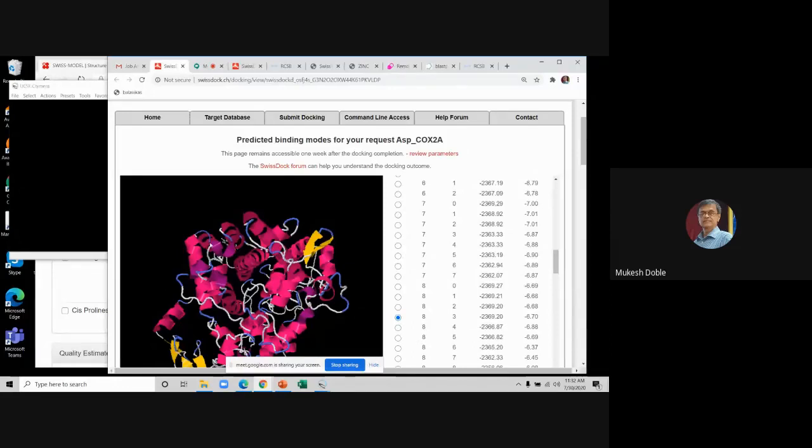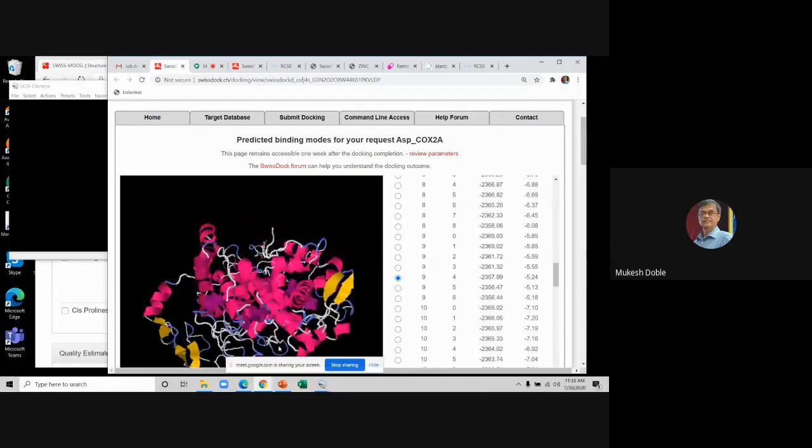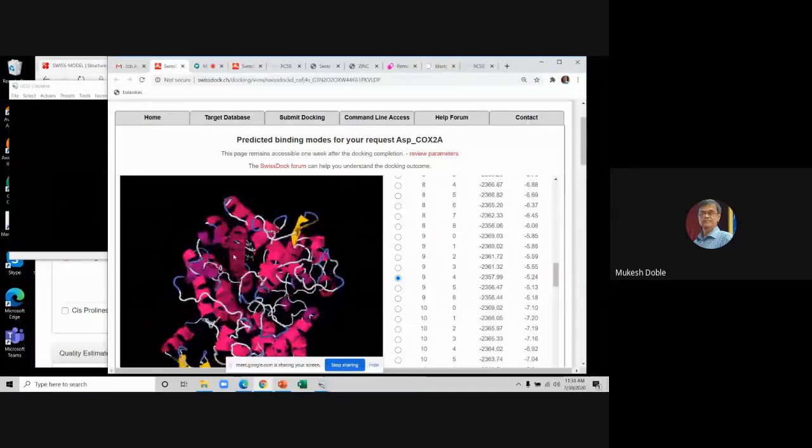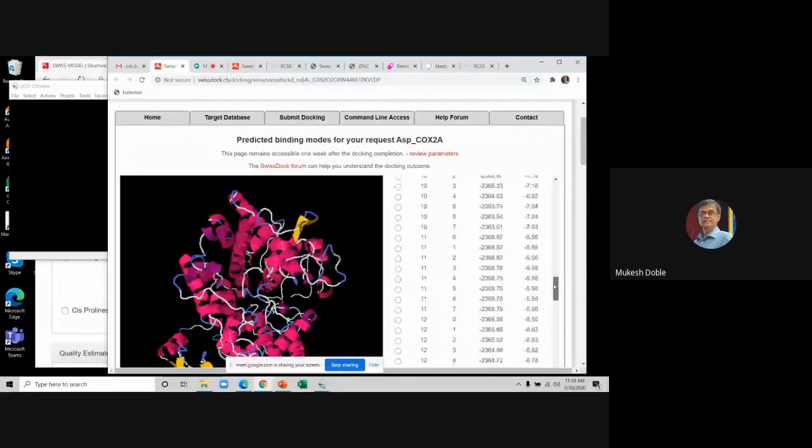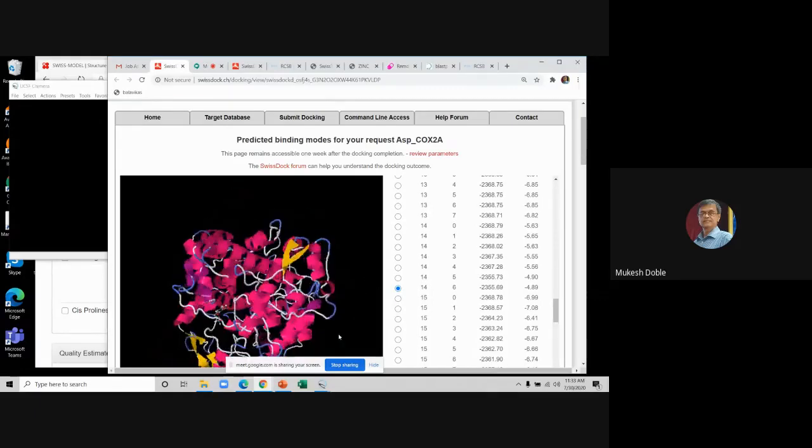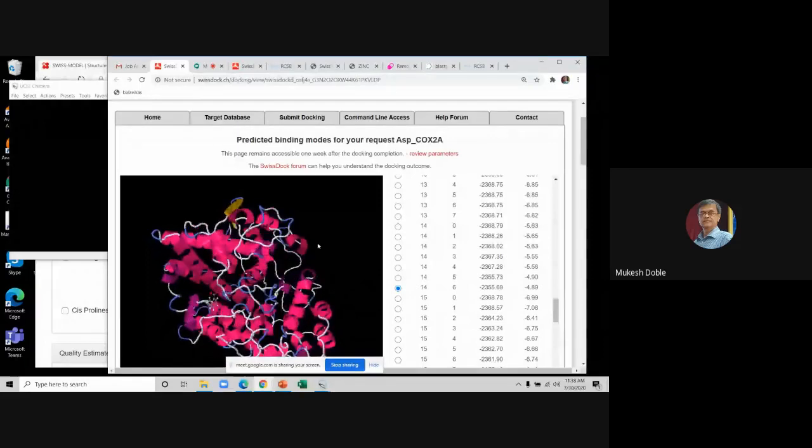As you can see, it's moved to some other place. It keeps the ligand in different positions and then calculates energy. It's moved to some other place, like that it does. We have minus 4.8 also here, so that's not very good. That energy is not very good. Somewhere here, I think, looks the best.